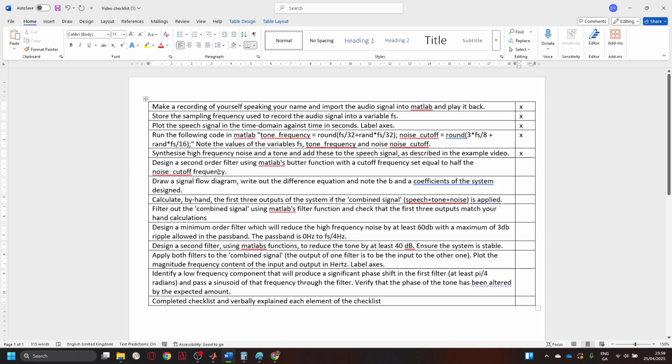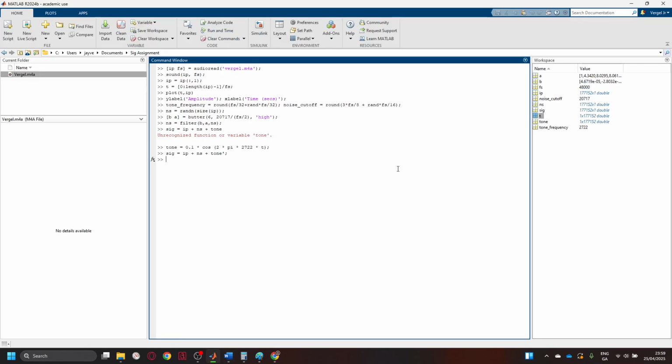Next step is to design a second order filter using MATLAB's butter function with a cutoff frequency equal to half the cutoff noise. Okay, so to start, another butter function.